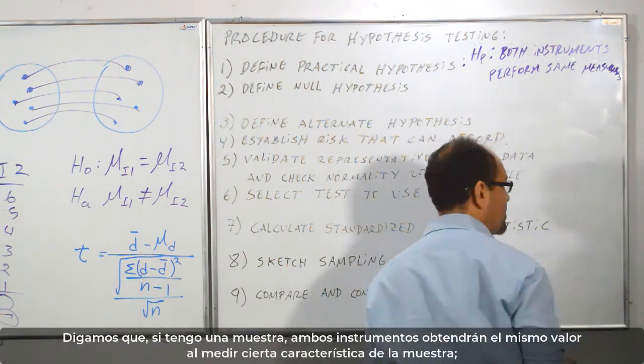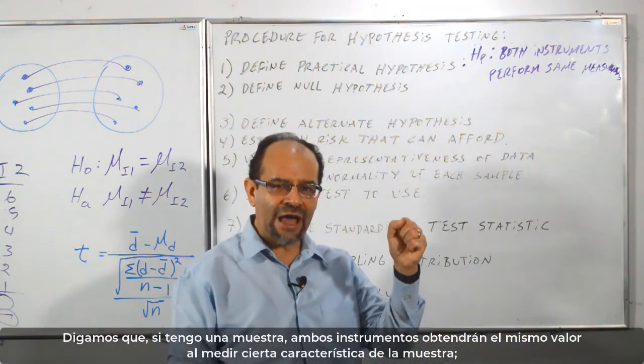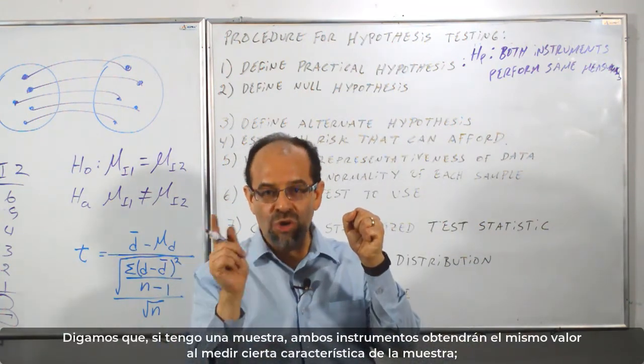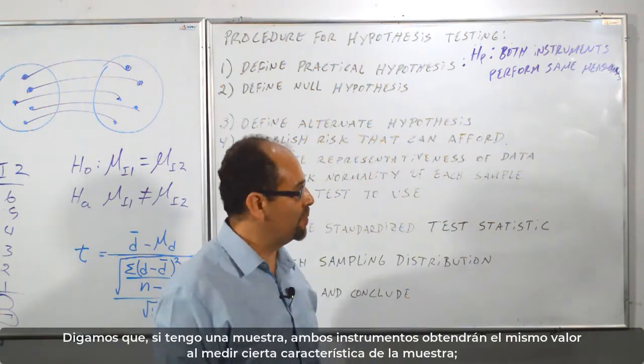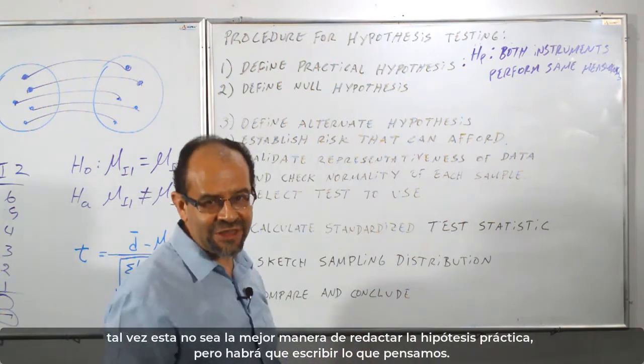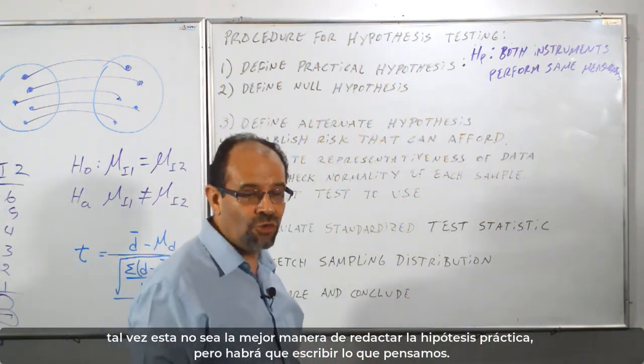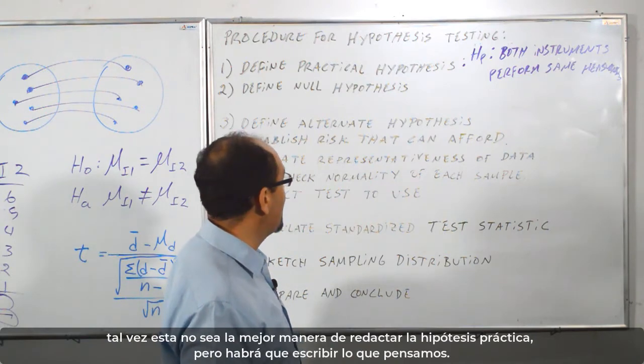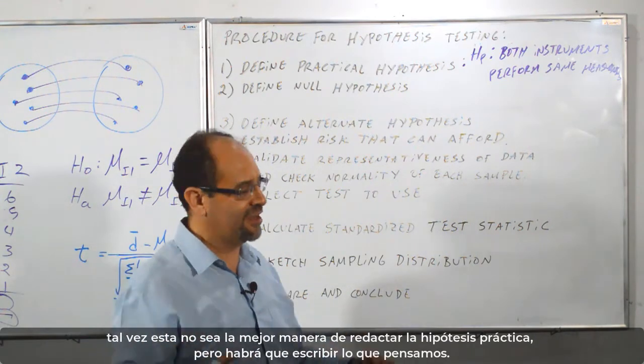For instance, I have one sample, and the same measurement is done with both equipments. Just to say, that's a wording thing. Maybe that's not the best way to state the practical hypothesis, but that's what you think.